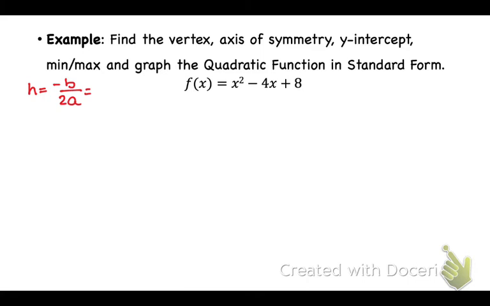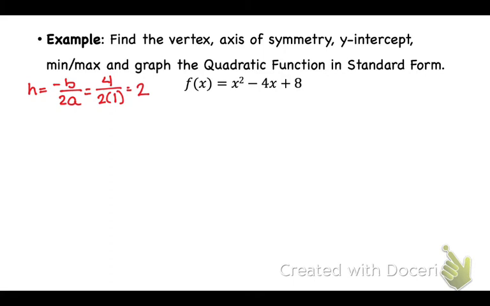What's B? Negative 4. So negative negative 4 is 4 over 2A. What's A? 1. So H is 2. Then what? Then you plug your H in. To find what?